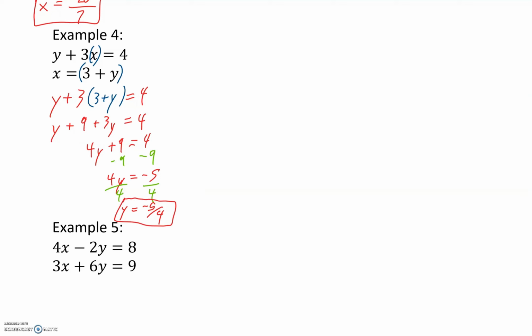Okay, now that you have that value, you can plug it back into one of these equations. So we're going to get x equals 3 plus y. But instead of y, we're going to write negative 5 over 4. Okay, so now that we have that, we're going to get them both over 4.